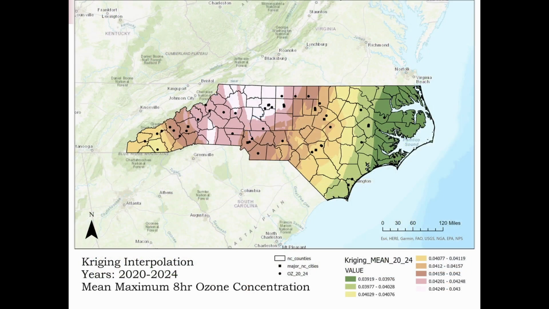And then this is for 2020 to 2024. Your highest predicted value range for 20 to 24 for this one is 0.0429 to 0.043. So overall, that's 0.03 parts per million less than the standard set forth by the EPA.